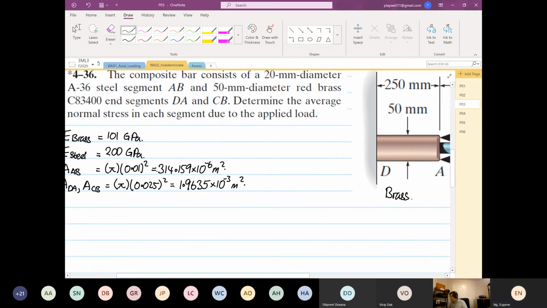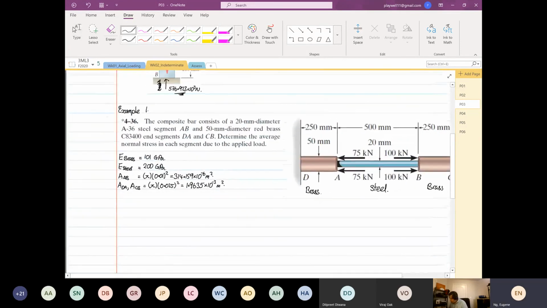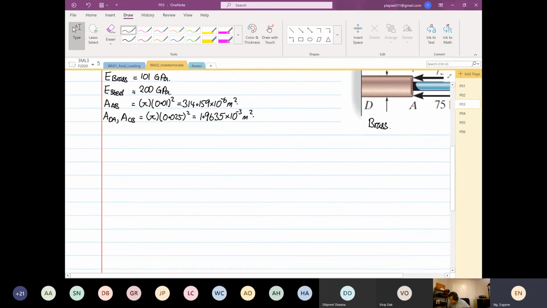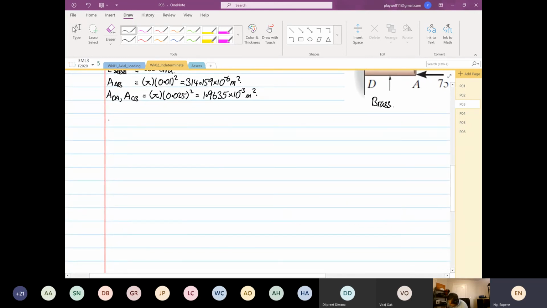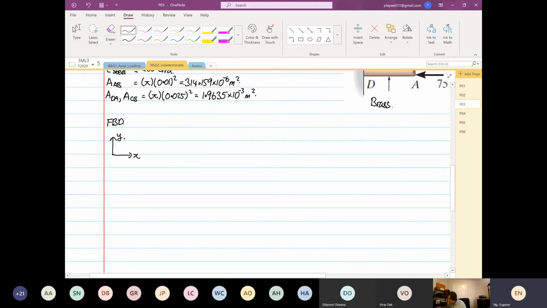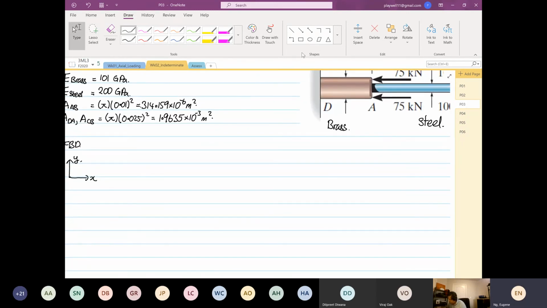Okay. So the first thing we're going to do is draw our free body diagram. If we were to construct our free body diagram, X, Y, okay. So we have our member.